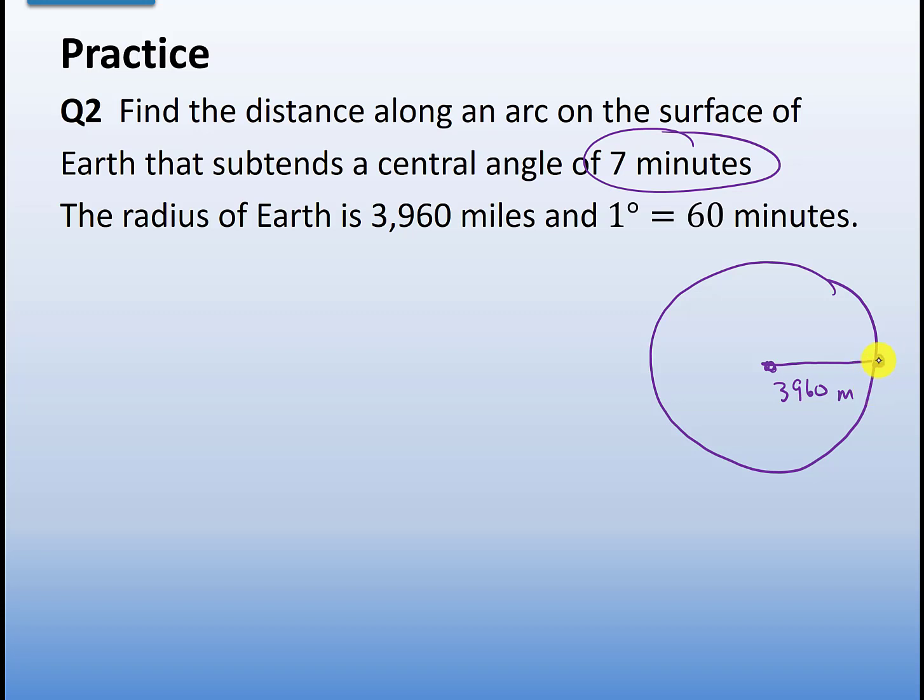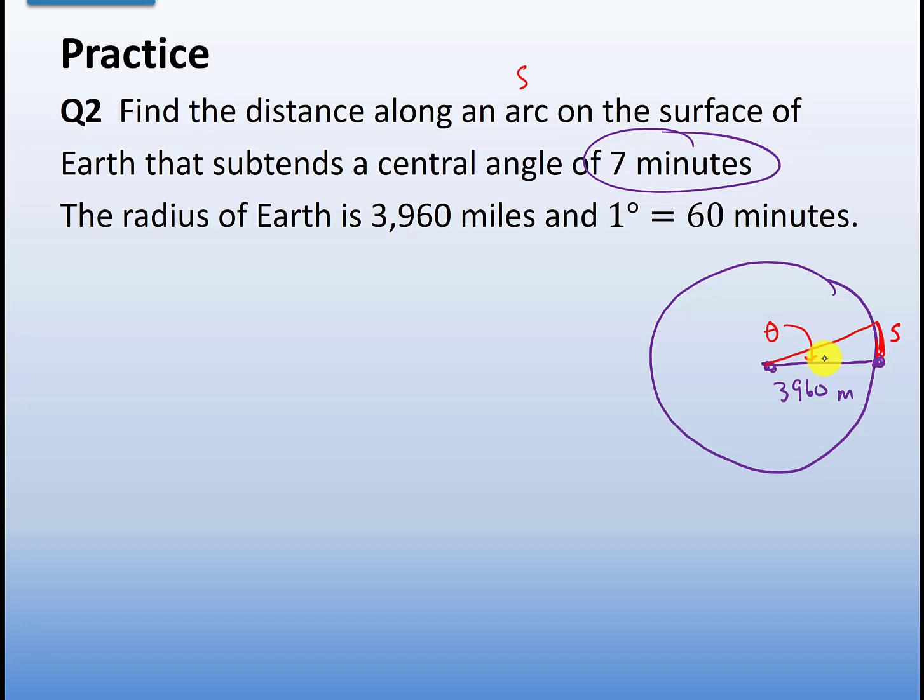So if we start here and we move on this arc, here's my arc, and I'm going to call that S. So I have subtended an angle that makes this arc. So the arc they're talking about is S, and the angle is theta.